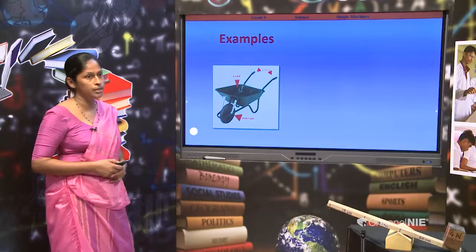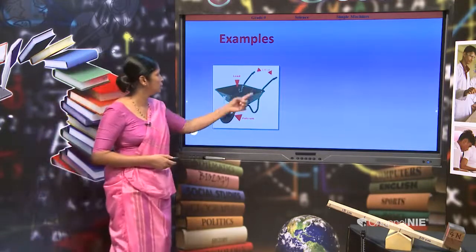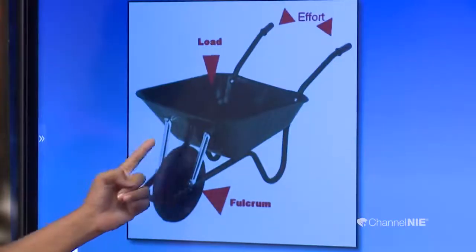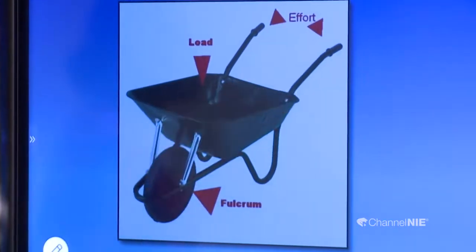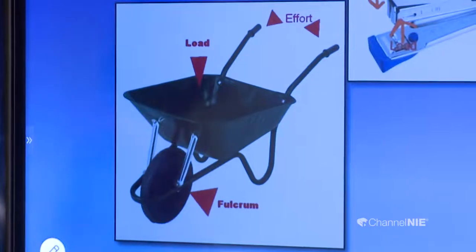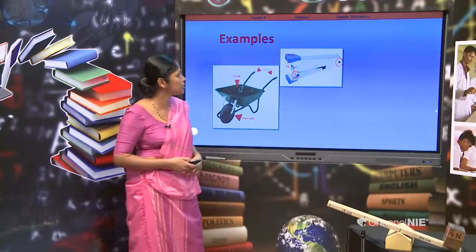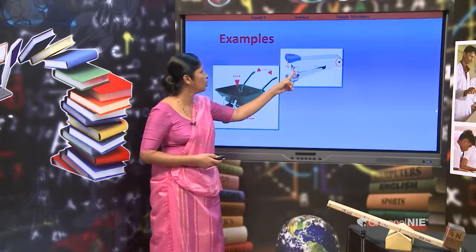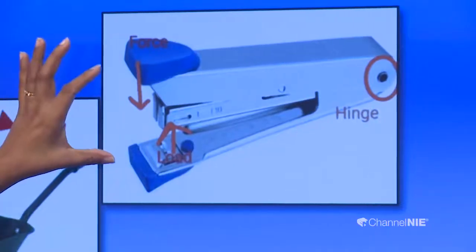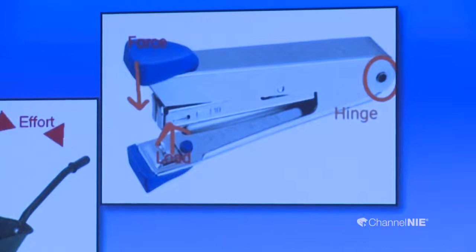Examples for second order levers: a wheelbarrow, load is in the middle, effort is exerted at these points. And a stapler machine, we all use stapler machines, this is the fulcrum, load, and here is the place we exert the force.